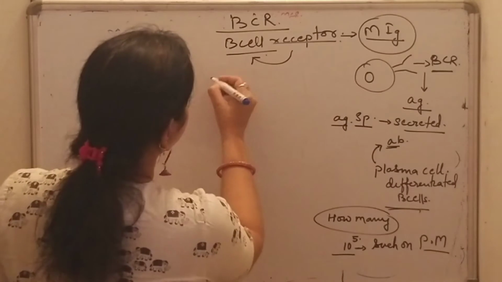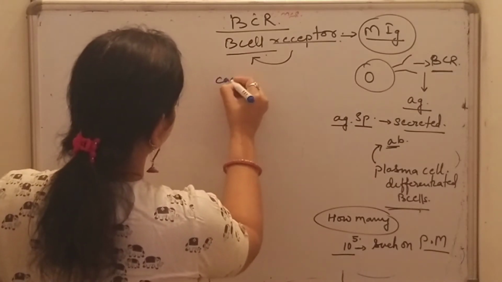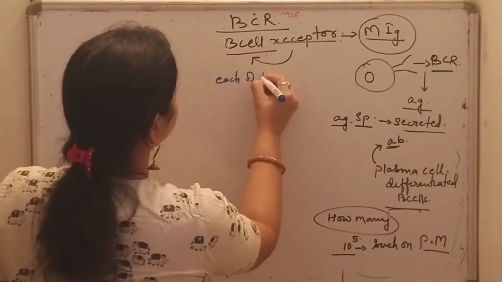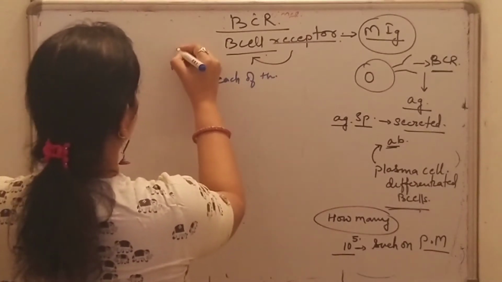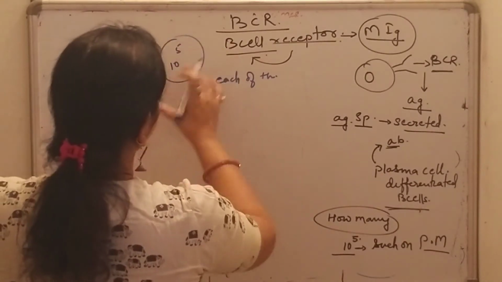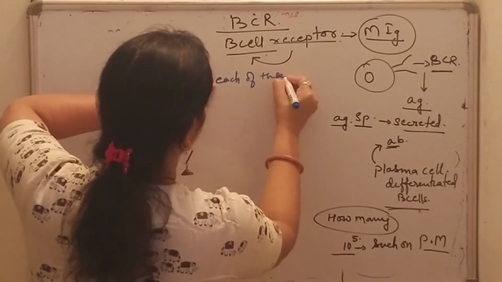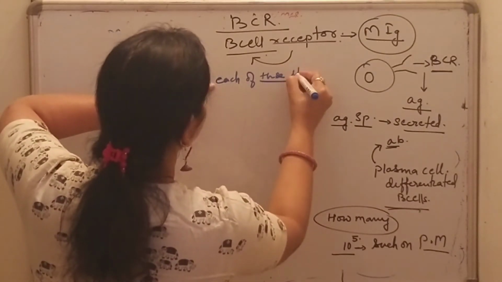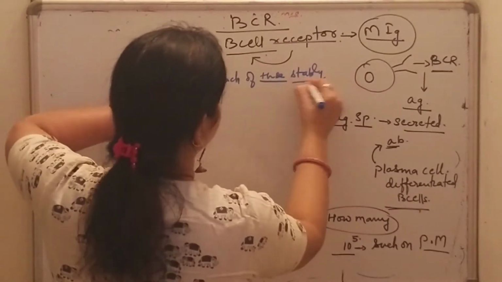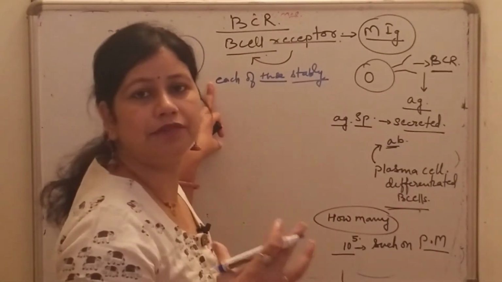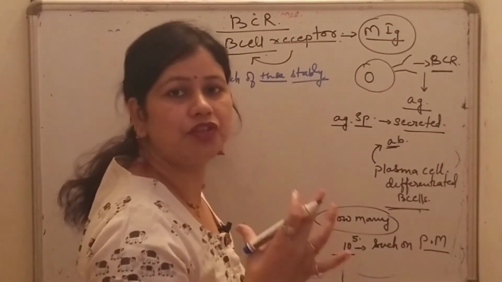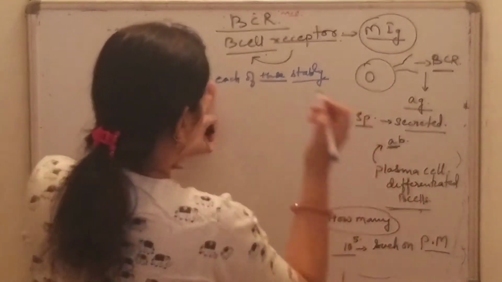And each of these receptors, among the approximately 10 to the power 5 B cell receptors, is stably associated with a complex of transmembrane protein.